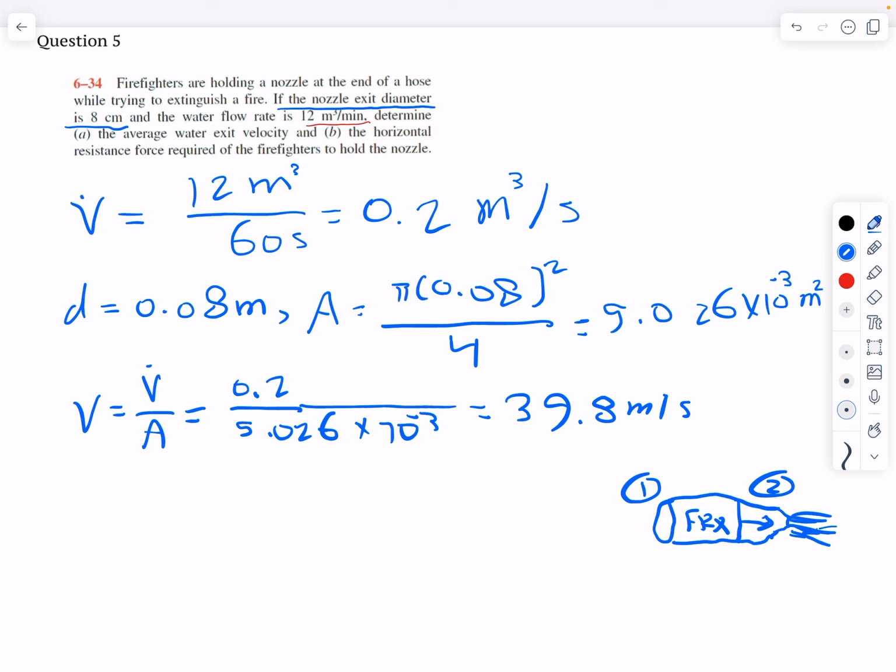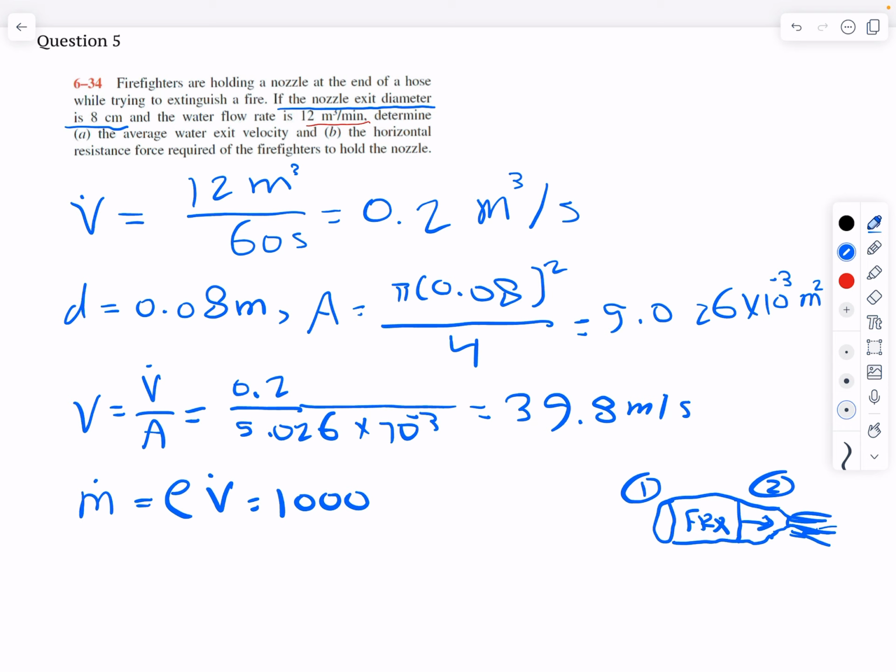Now we also have m dot equal rho times v dot, right? Because m equal rho v, so m dot equal rho v dot.